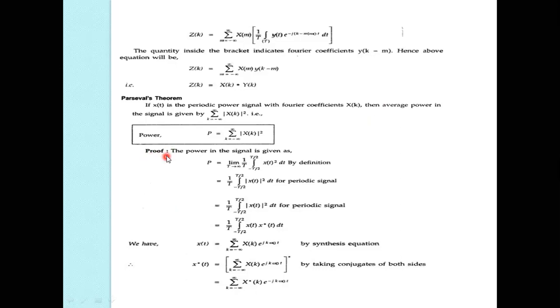Here, to prove the average power of the signal is the sum of k equal to minus infinity to infinity of the squared magnitude of x of k, we take the power signal. As x of t is a continuous time signal, P is equal to limit T tends to infinity, 1 by T, integral from minus T by 2 to T by 2 of x of t square dt.